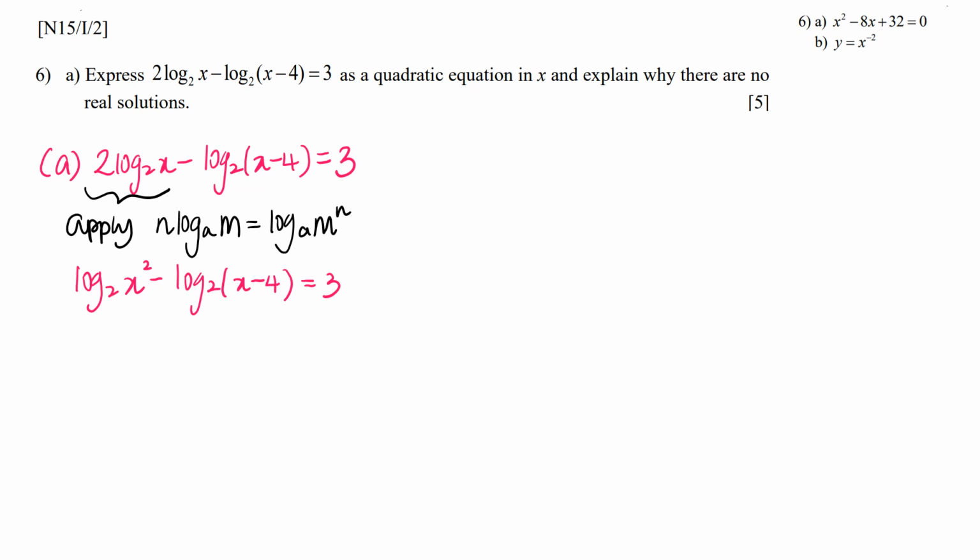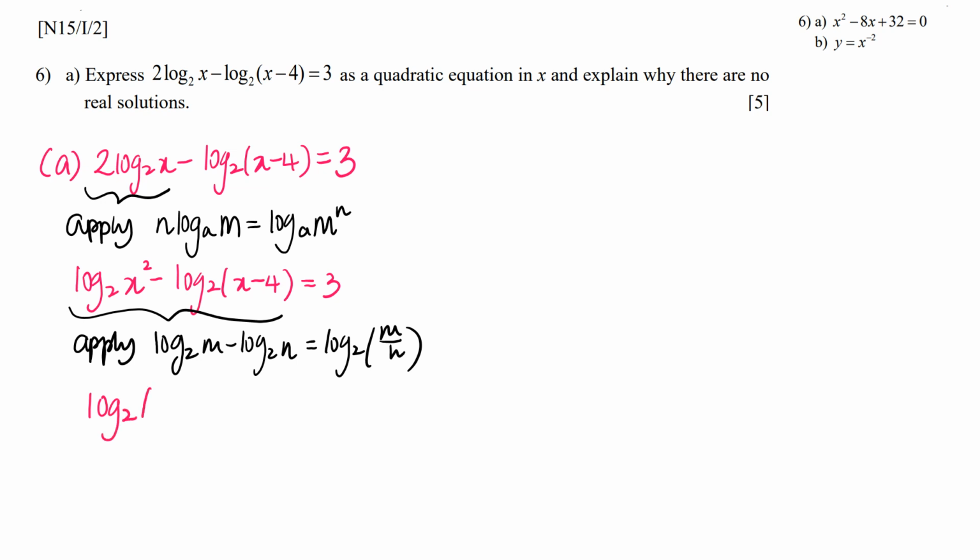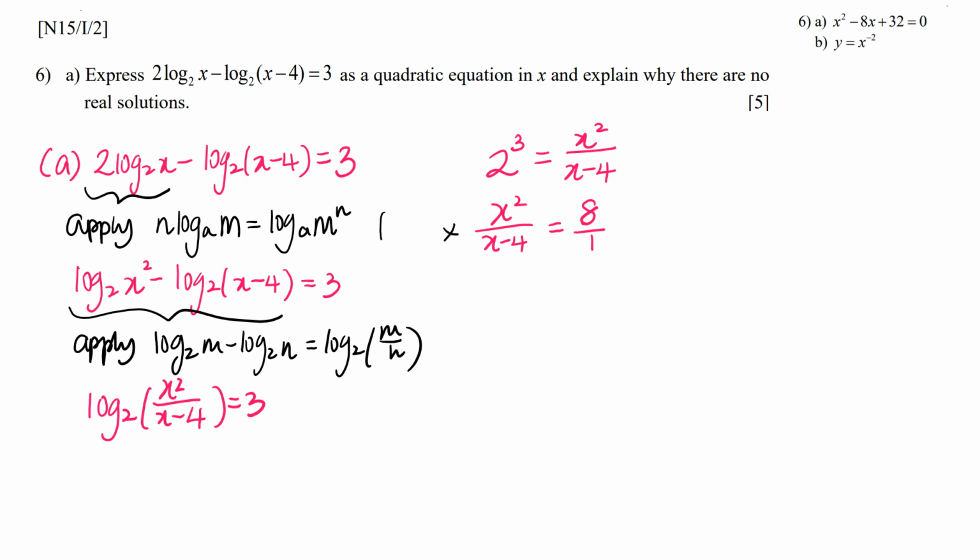Then the next thing is to apply the quotient law, and convert it to index form. Simplify it, multiply by x minus 4 on both sides, and you end up getting a quadratic equation.